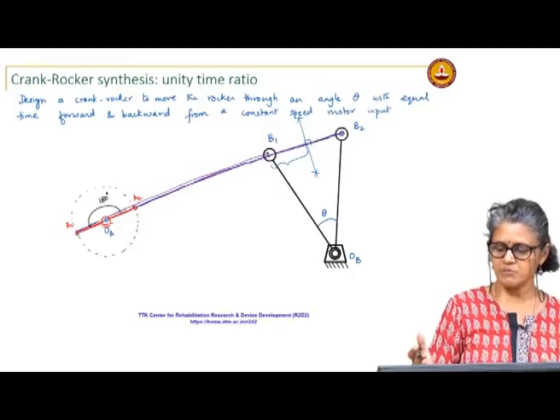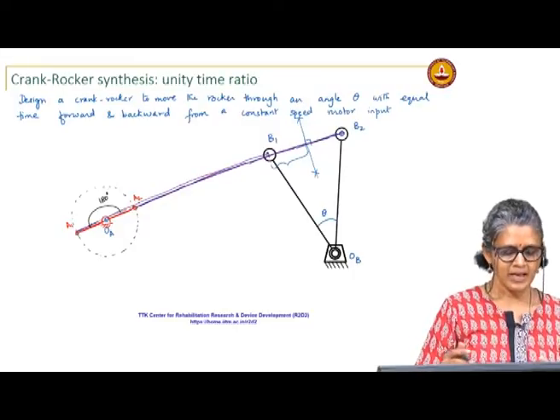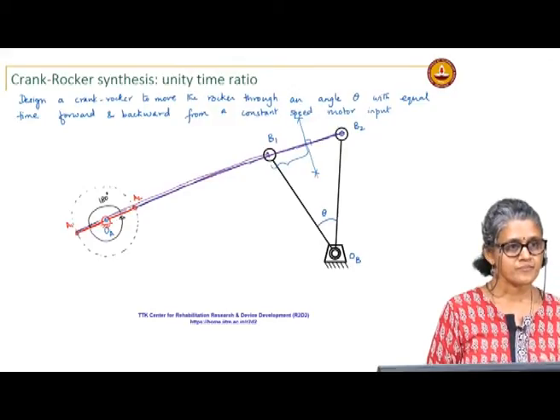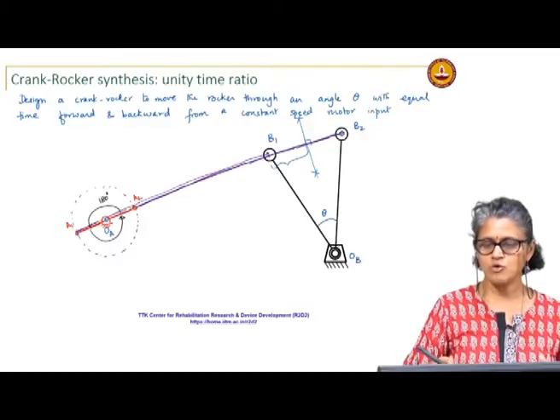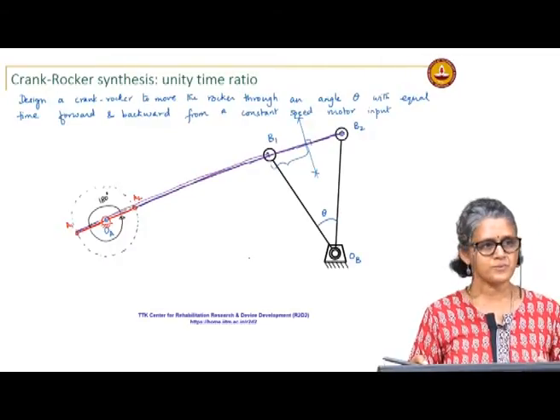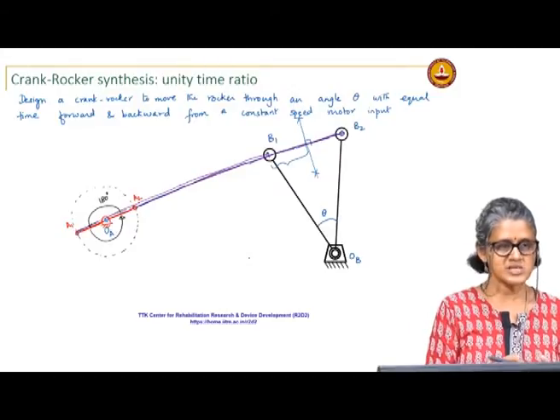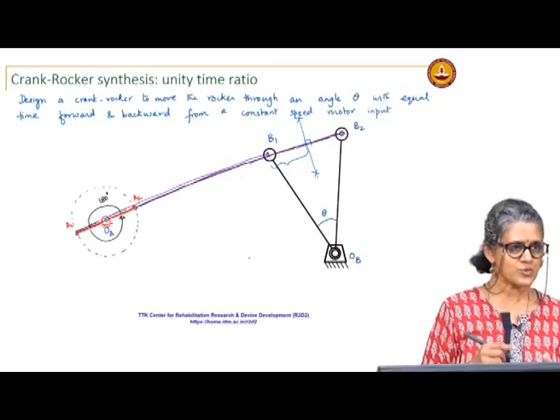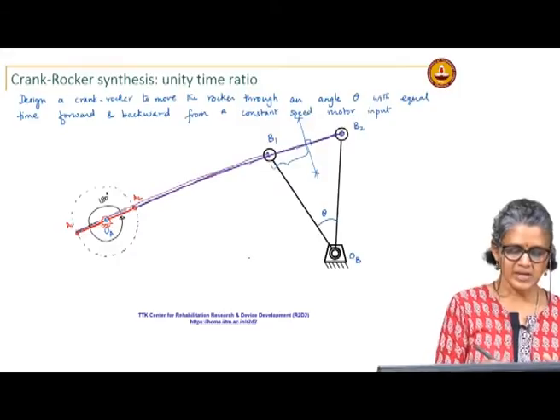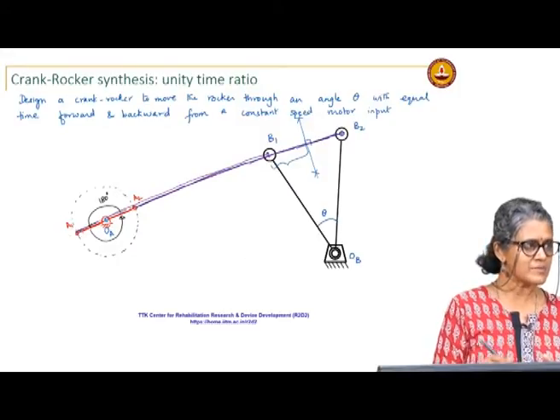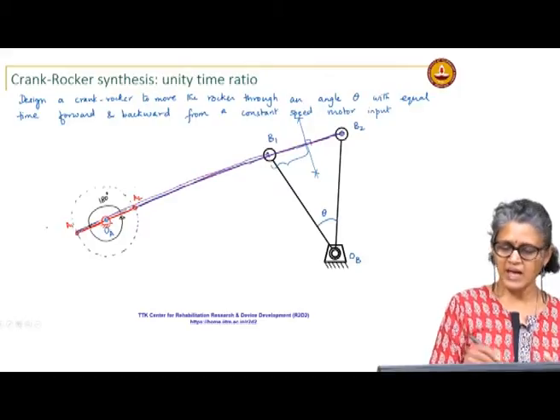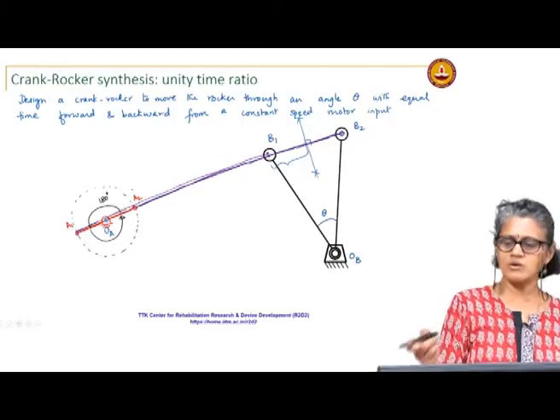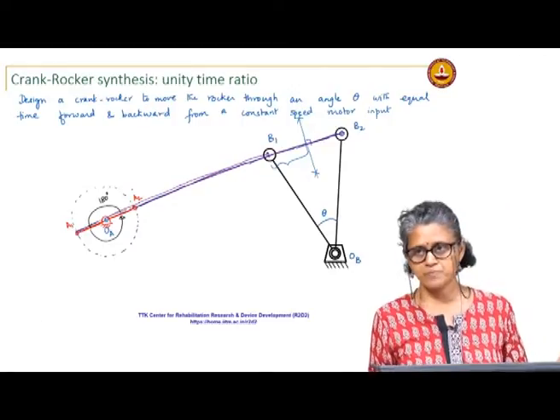The rocker has moved from OB B2 to OB B1, and then now when this moves back again, I move from OB B1 to OB B2, and because I am moving an equal angle and I am running it through a constant speed motor, the time taken to move from A1 to A2 is the same as the time taken to move from A2 to A1, and therefore B1 to B2 is the same as the time taken to move from B2 to B1.